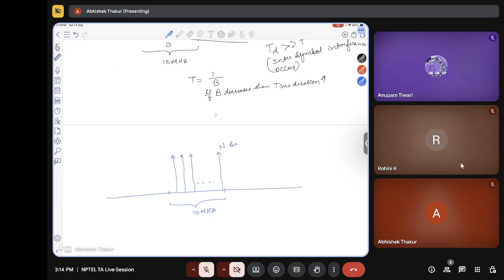Now the bandwidth of each subcarrier, how much will it be? It will be B divided by N. So the bandwidth of a subband is equal to B divided by N.